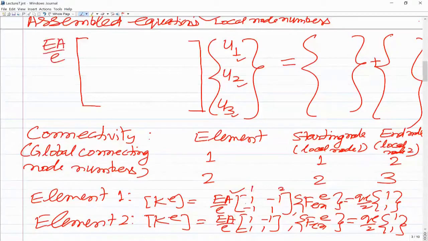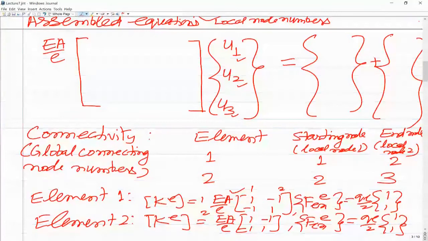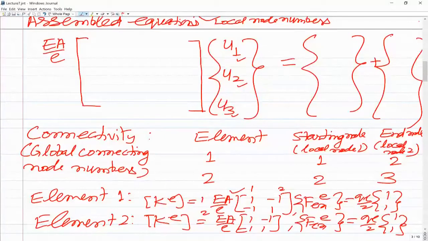Because the first element consists of global nodes 1 and 2, and at each node we have just a single degree of freedom, the first row will go to the first row of the global system, the second row to the second row of the global system, the first column to the first column, and the second column to the second column of the global system.